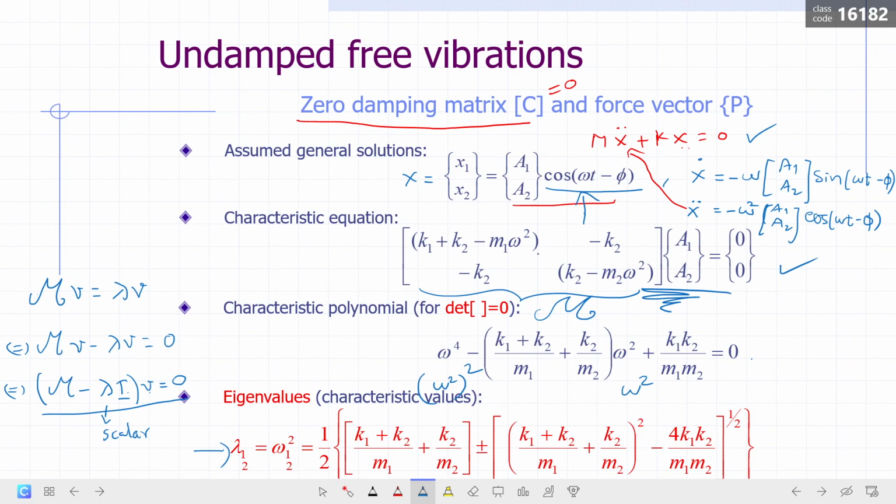And the eigenvalue for this equation is omega square, where the eigenvalue of this definition is lambda. Okay, that's why lambda equals omega square. Here is the eigenvalue of this problem.